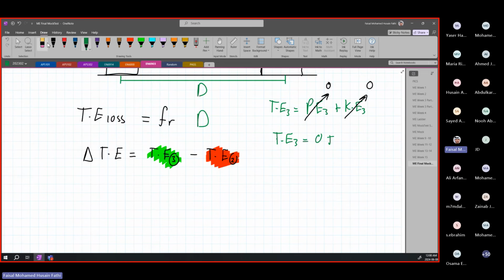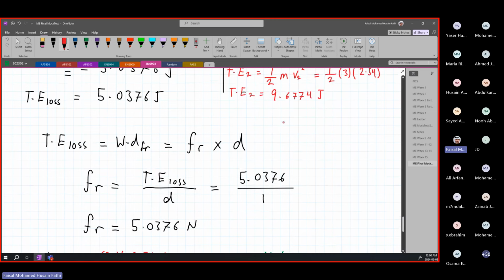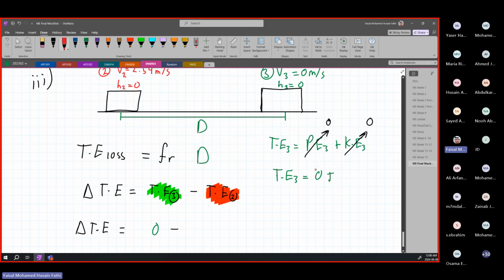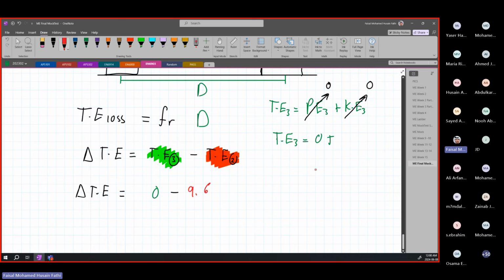We can now solve for our change in total energy, which is 0 minus our TE from previously, the same value, which is 9.6774. So delta TE, the change, is equal to minus 9.6774 joules.